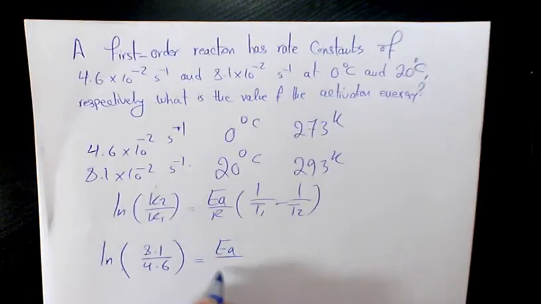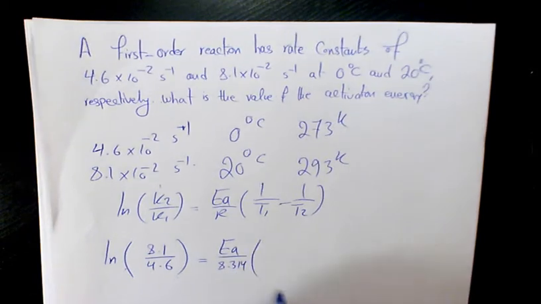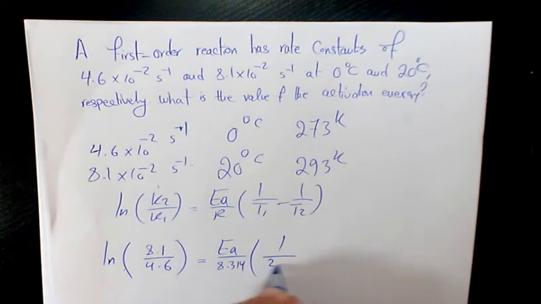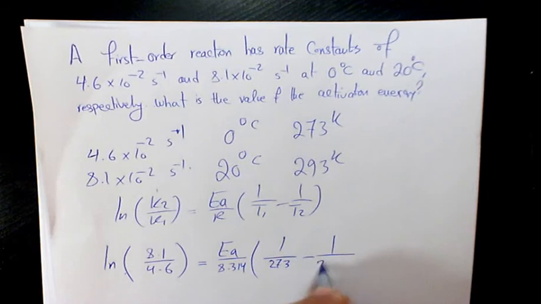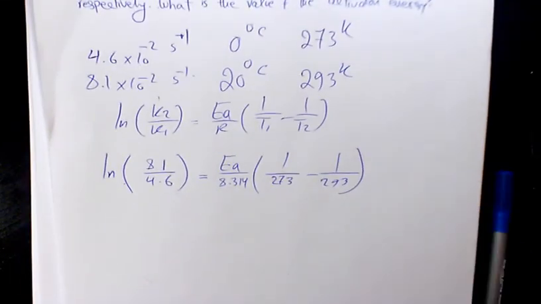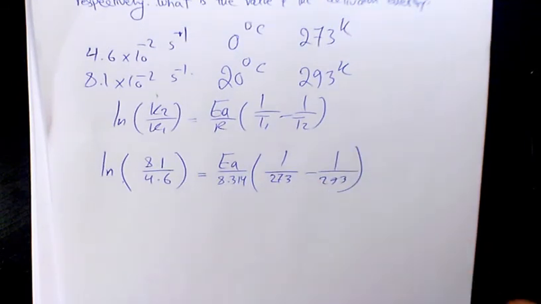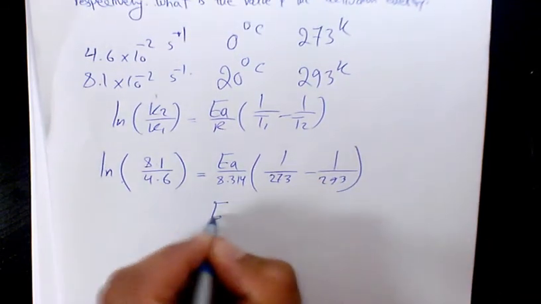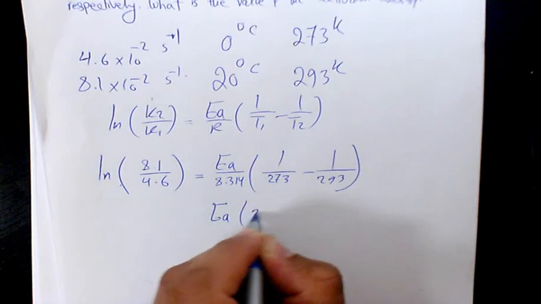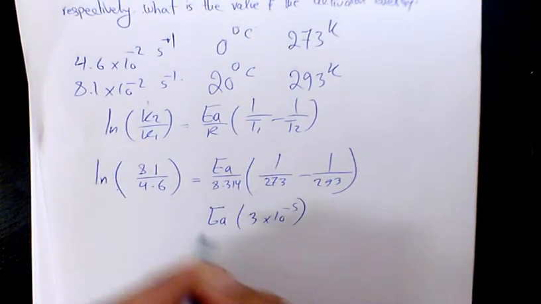EA over 8.314. 1 over T1 is 273 minus 1 over 293. So 1 over 273 minus 1 divided by 293. That's going to be this number divided by 8.314. So it's going to be EA times 3 times 10 to the power of negative 5.